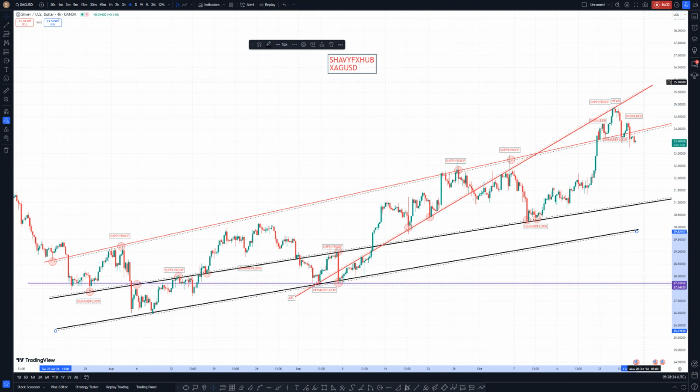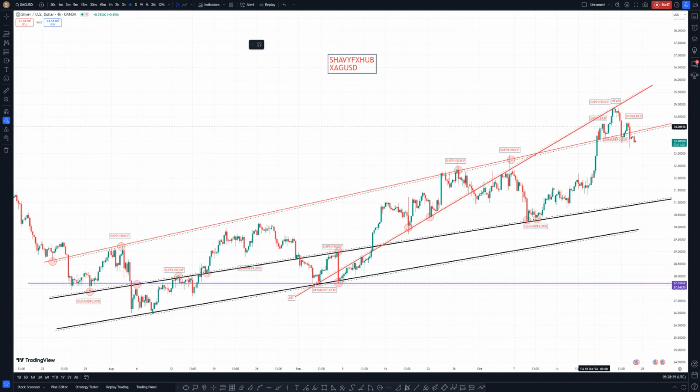So you see, silver is going down after hitting the demand floor. Price tested the demand floor and broke the structure because we have another layer of resistance from yesterday that price failed to break. You know, we have two head and shoulders.